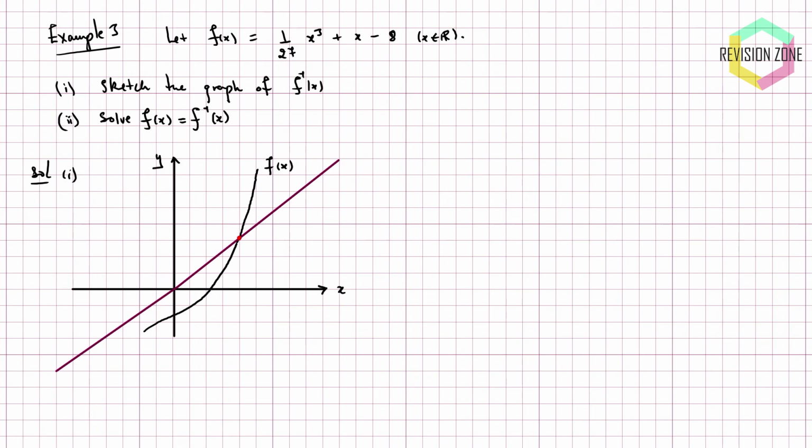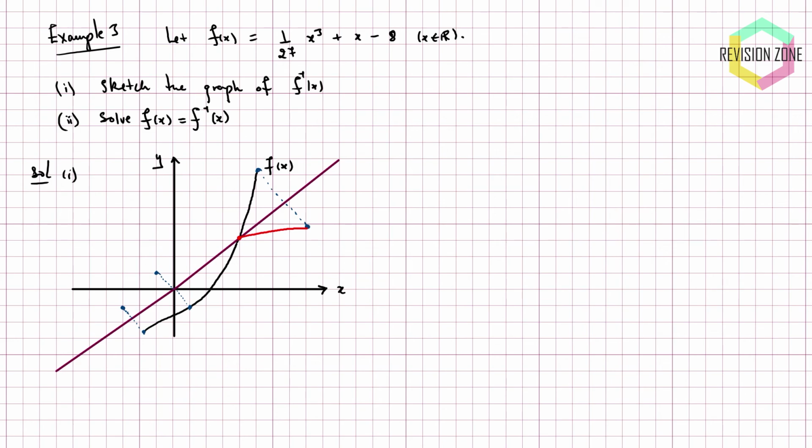So let's carry out a reflection. We know that this point here is basically going to end up somewhere like there. So let's join the red and the blue. So we're going to get something like that. And then we also know that this point here is basically going to go across and end up here, right? And we know that this point here is actually going to go across and end up maybe here somewhere, right?